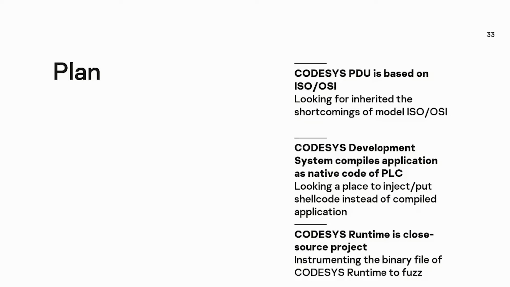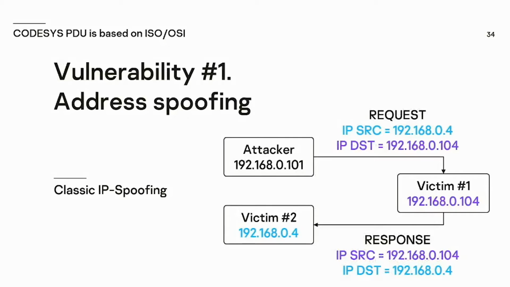It is one of the famous fuzzers, and we run continuous fuzzing with a return path for CODESYS Runtime. We will write something about this for security researchers, I hope. Next I will talk about a few vulnerabilities we have discovered.